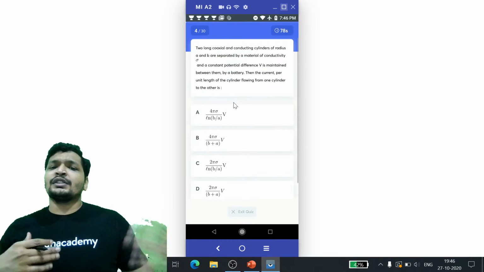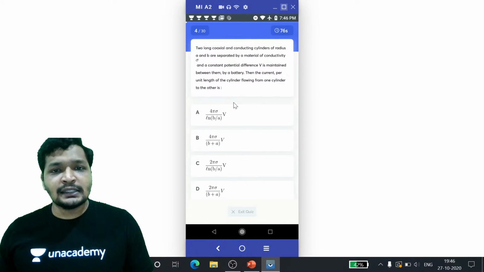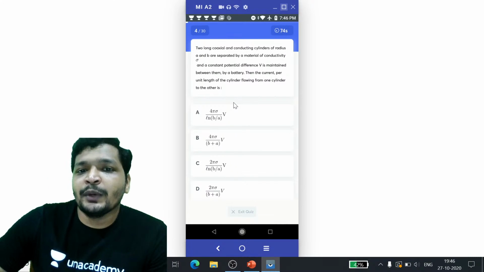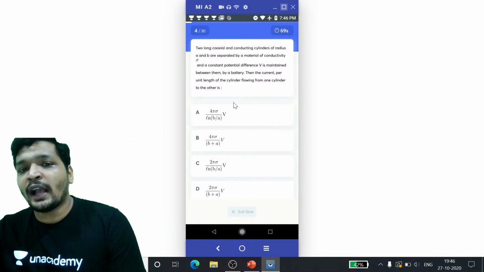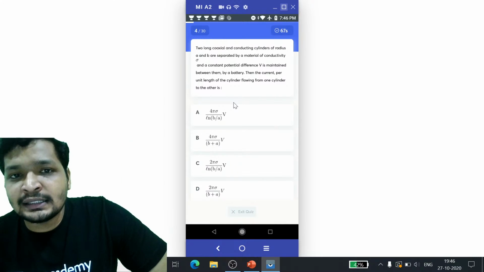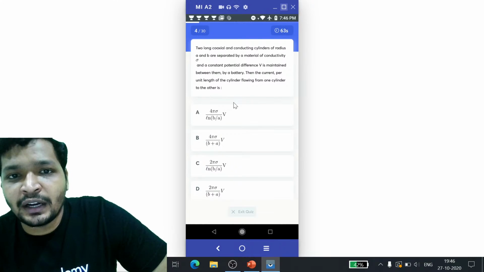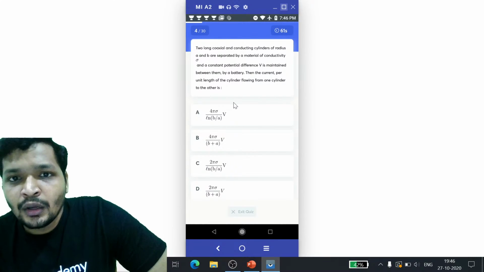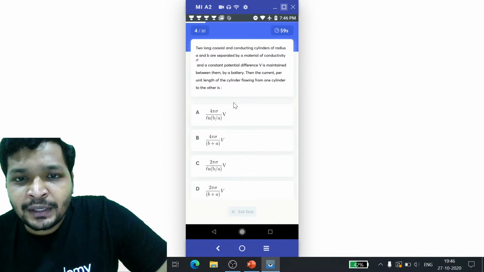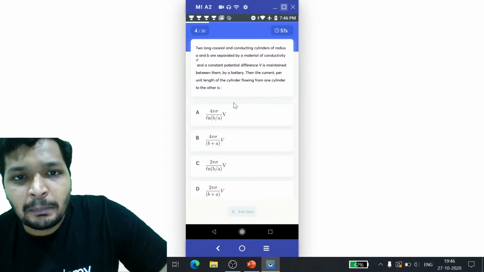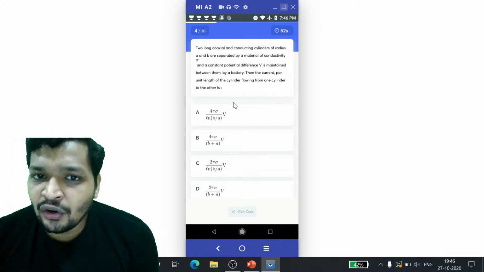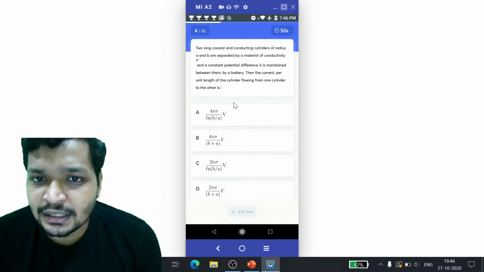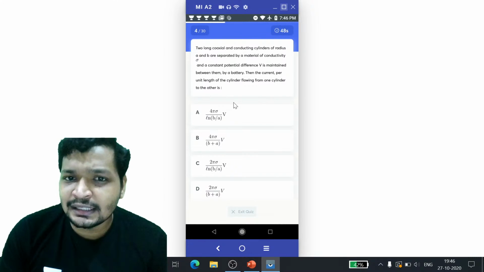So this question could have been done just like that, but let me have a look at this question. I'll quickly give you the hint. Two long coaxial conducting cylinders of radius A and B are separated by a material of conductivity rho. And a constant potential difference V is maintained by them using a battery. If you connect it across a battery, a constant potential will be maintained across these coaxial cylinders.